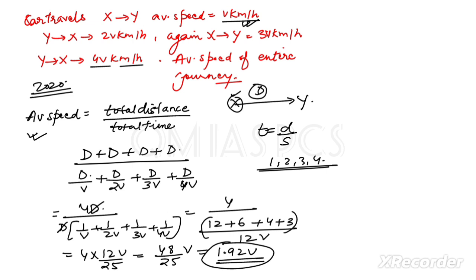Fine. So let's do some numericals or some conceptual things. Okay, there was a question from UPSC 2020, on the average age of a teacher and 3 students, which is 20 years.